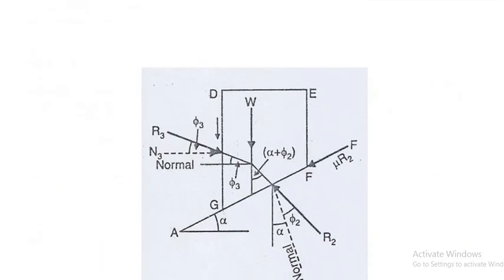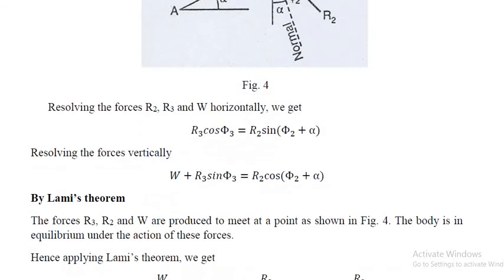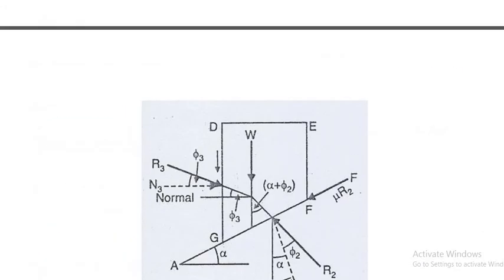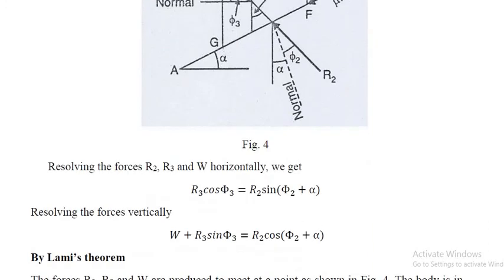Similarly R2 divided by sine of 90 degree minus phi 3, then R3 divided by sine of 180 minus alpha minus phi 2.